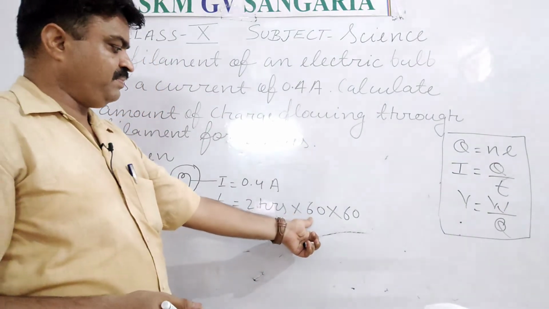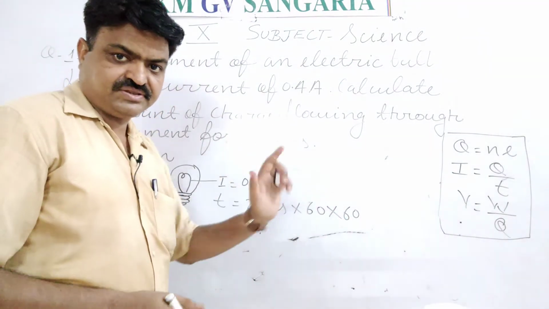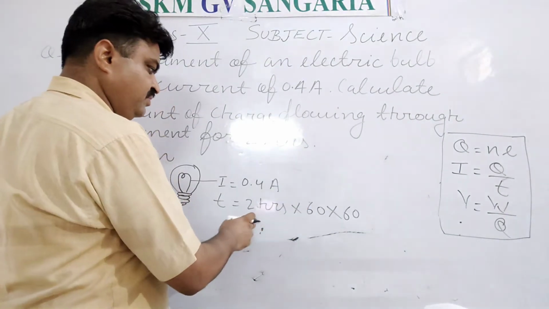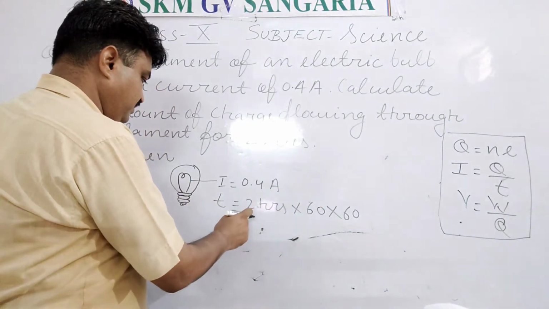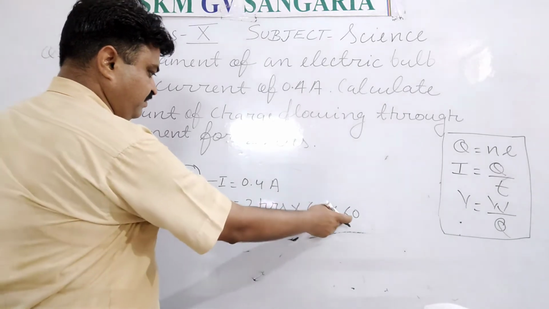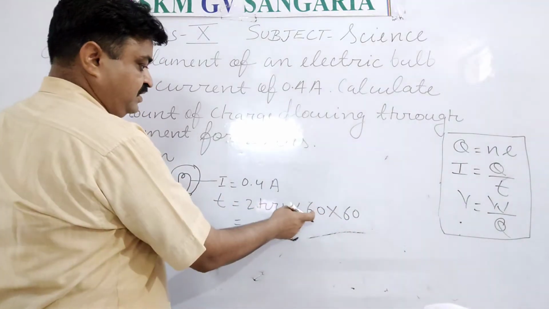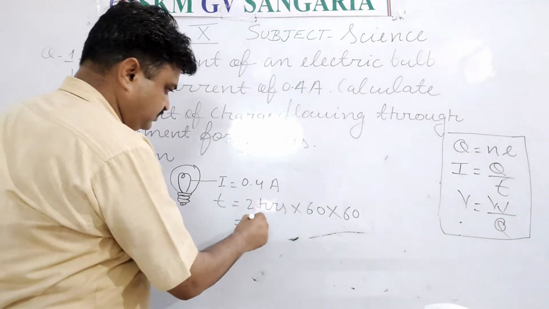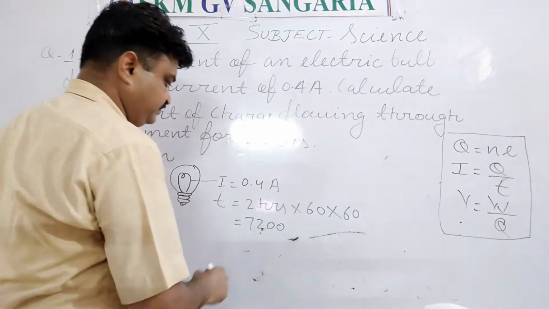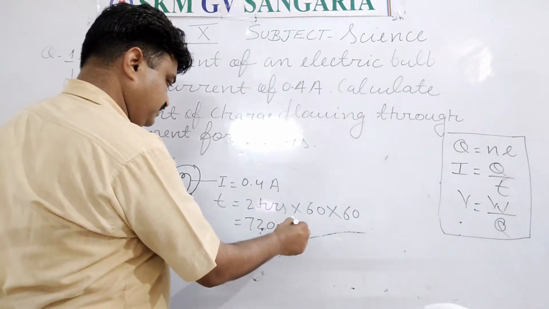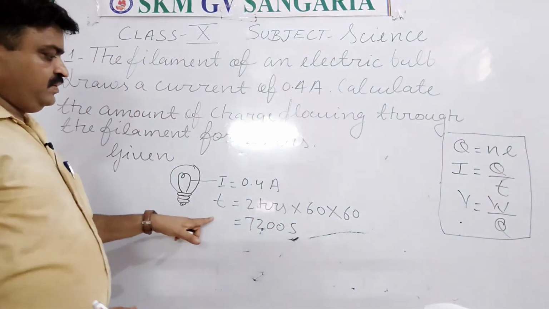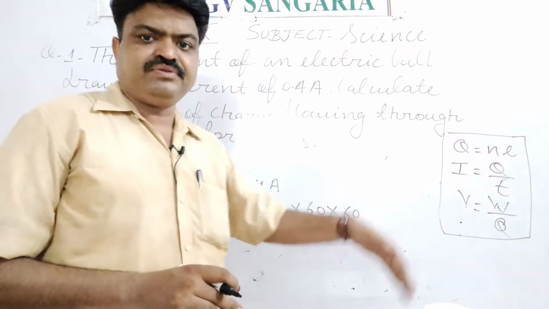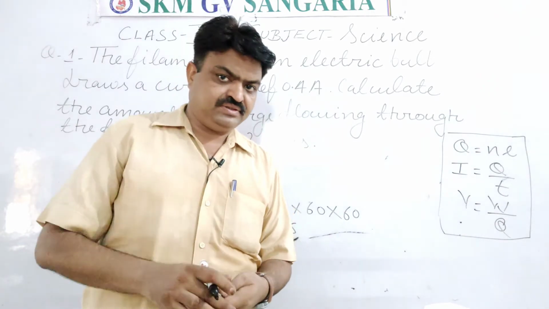That's why you will multiply 60 by 60, and with the help of this you can easily get the time in seconds. 60 by 60 is 3600, and 3600 by 2 is 7200. So 7200 is the time in seconds. These are the given quantities, and with the help of these given quantities you can get the answer.